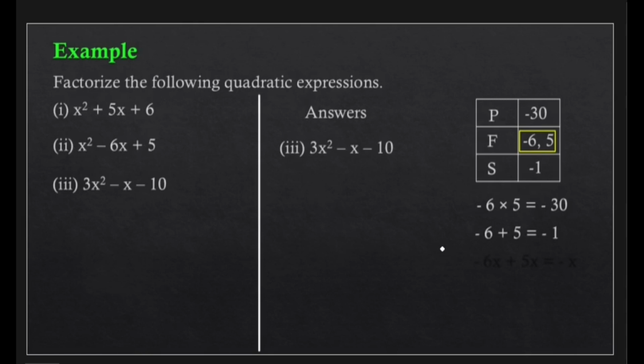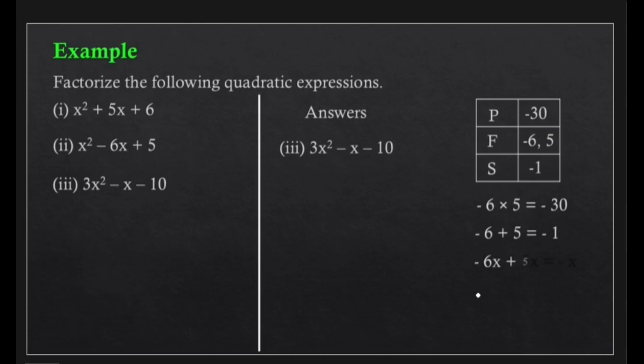Now, let's do a little bit of magic. What you have seen here is that when we multiply these, they give us negative 30, which is the product, and when we add them, they give us negative 1, which is the sum. The magic we are doing now is putting x in front of these two numbers.